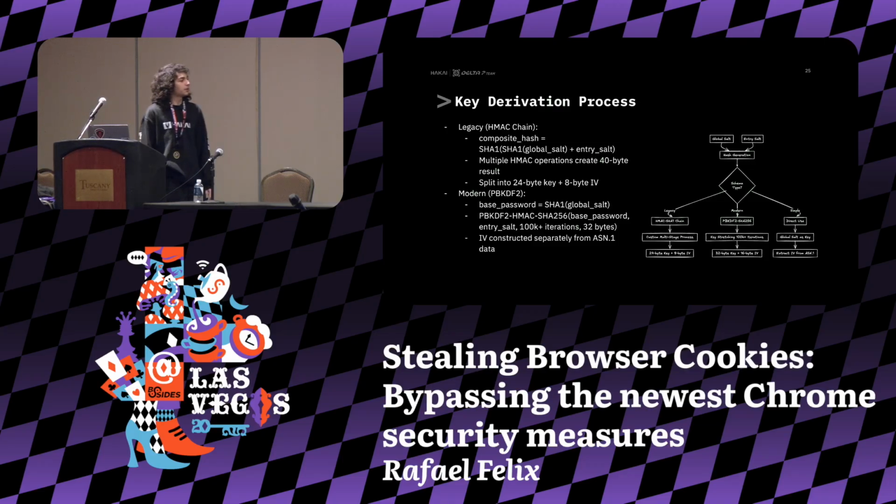We have the base password, which is the SHA-1 of the global salt, which is present in key4.db. We then call PBKDF2 with HMAC and SHA-256, with the base password, which is the SHA-1 of the global salt, and the entry salt, which is present specifically in the MetaPBE implementation, in the metadata table in key4.db.